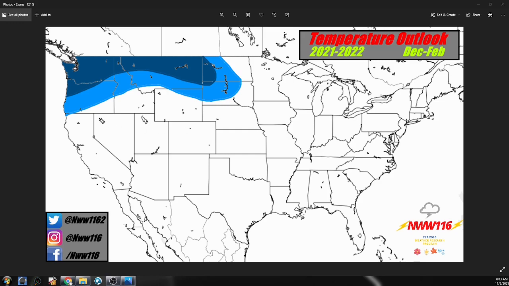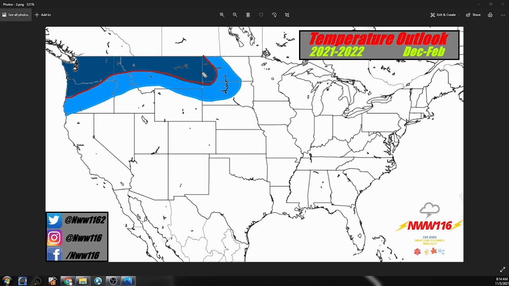We are more confident that we are going to see below average temperatures for the areas in the darker blue. We're more moderately expecting those cooler temperatures throughout much of this region. This includes bits of northwestern Oregon, all of Washington State, northern Idaho, and bits of central and northern Montana.